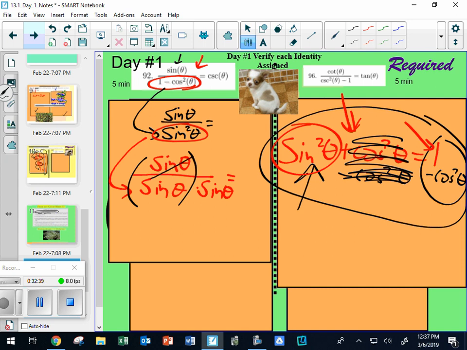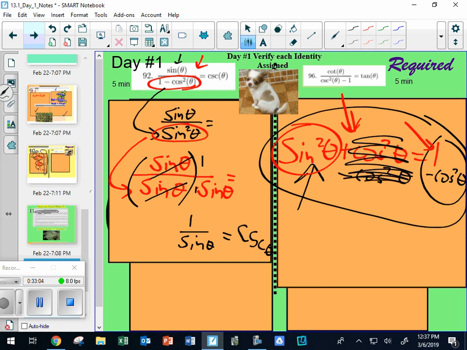Can I cancel those? Yes, I can. I can cancel those as long as I realize technically I'm replacing them both with 1s. That's what happens when you cancel something, is it replaces it with 1, in case you didn't know that. And then I have 1 over sine is cosecant. Awesome, I'm done, and I'm wrong because I didn't finish the deal.